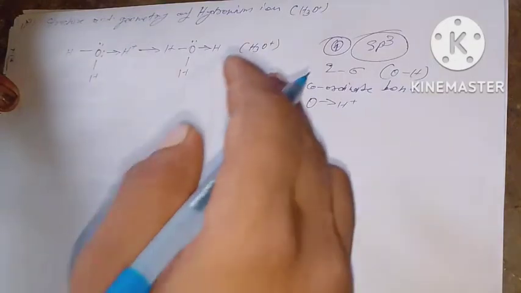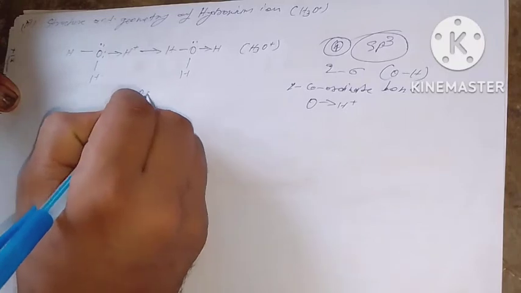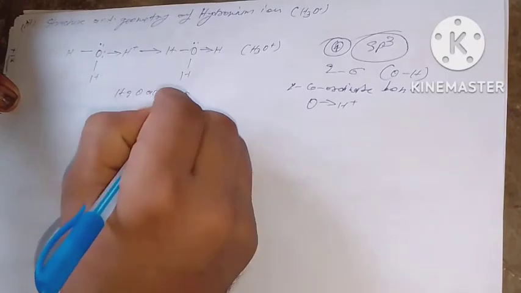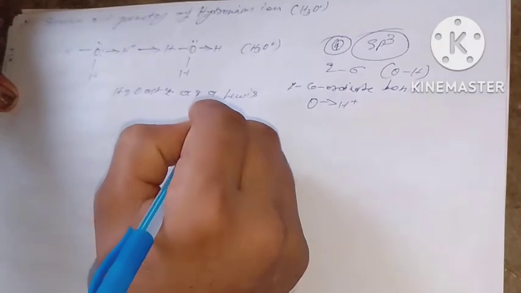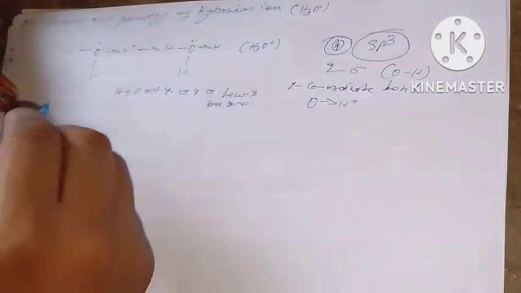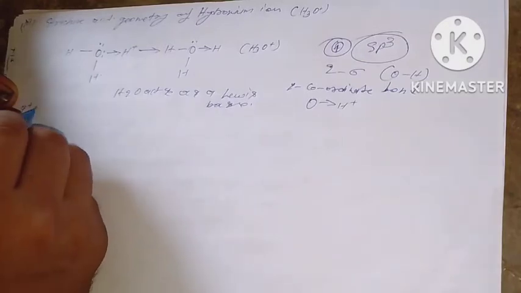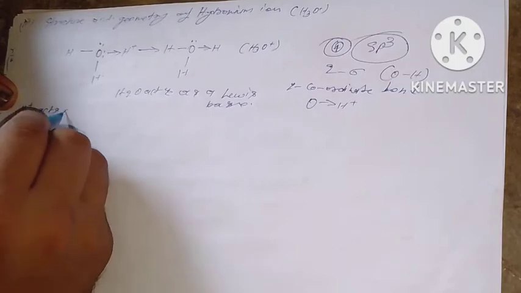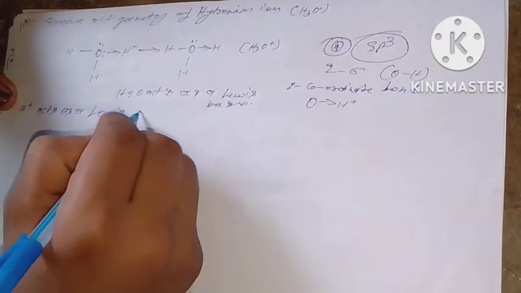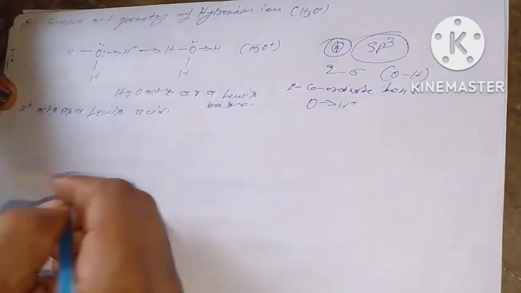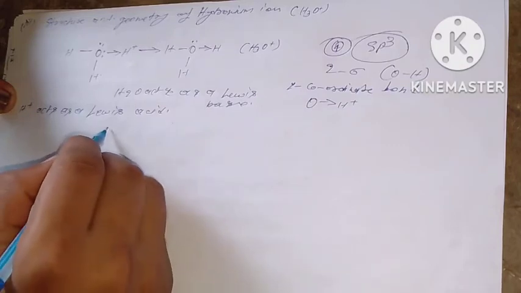Here H2O acts as a Lewis base, while hydrogen positive ion acts as a Lewis acid, okay. Hence a coordinate bond is formed.